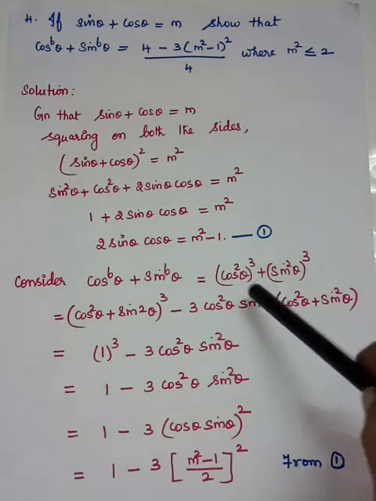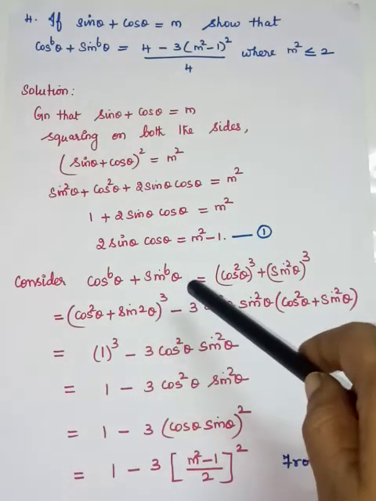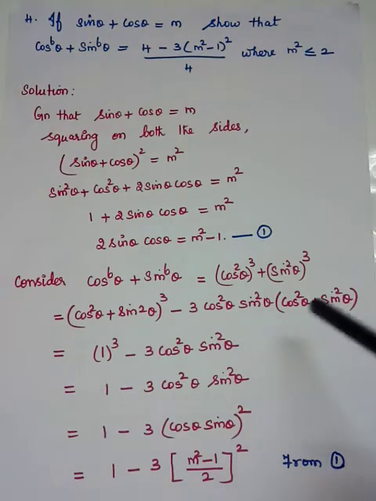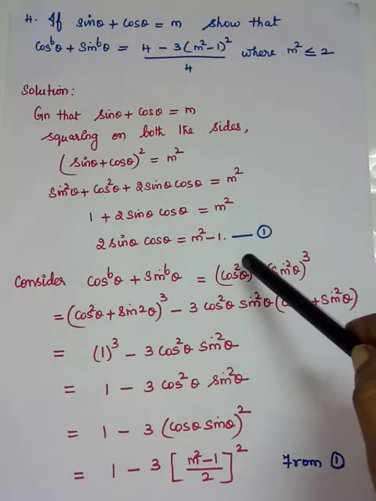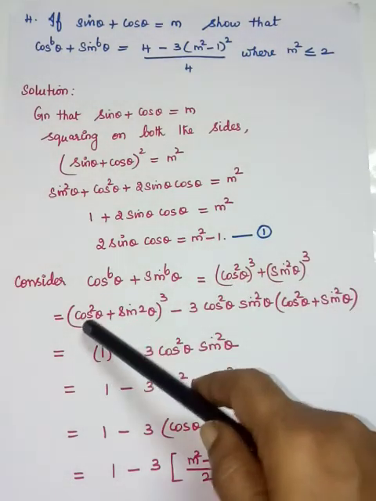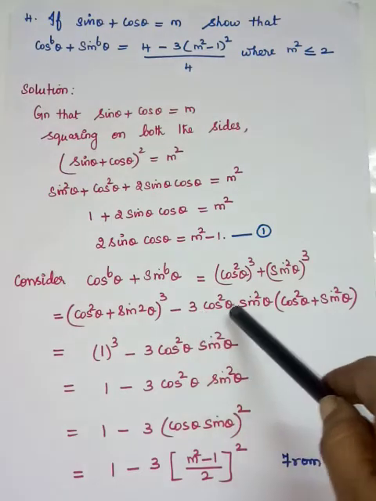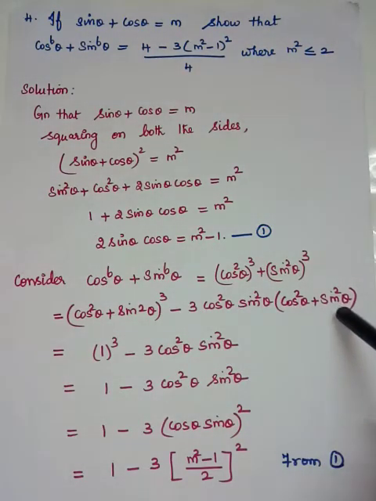Again I am repeating, a cube plus b cube can be written as (a plus b) the whole cube minus 3ab into (a plus b). What is your a? It is cos squared theta. What is your b? Sin squared theta. So it is (a plus b) the whole cube minus 3ab into (a plus b).